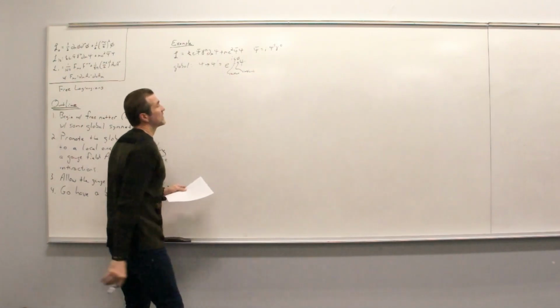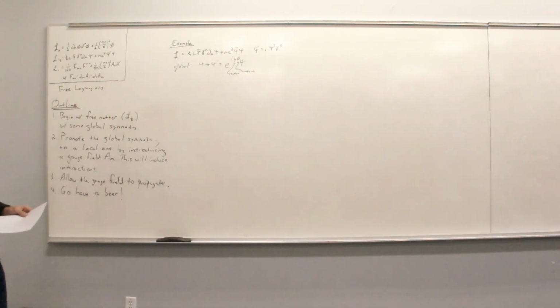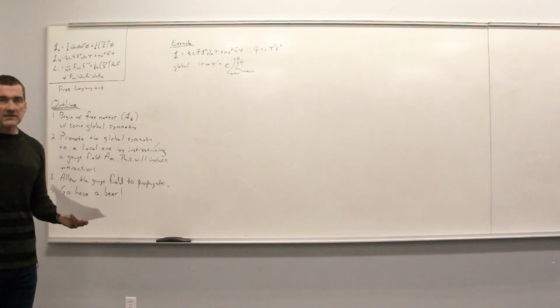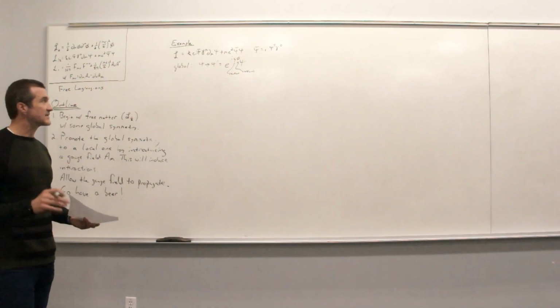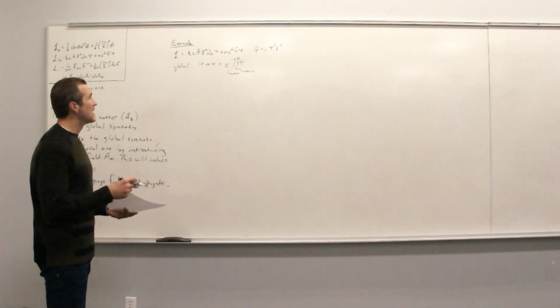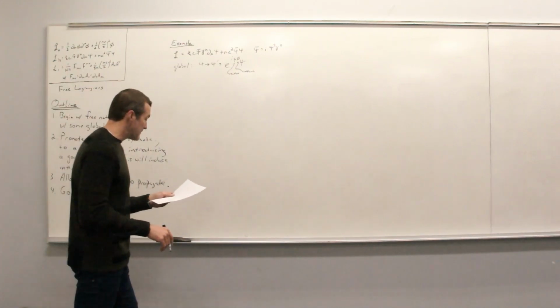Right now it might seem a little excessive to write e to the i q phi, where q and phi are two constants, but in a minute we're going to generalize this and you'll appreciate there being two things. But for now it just looks silly, okay?